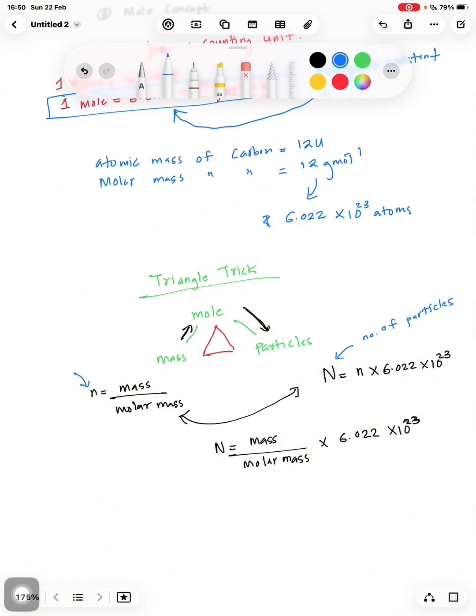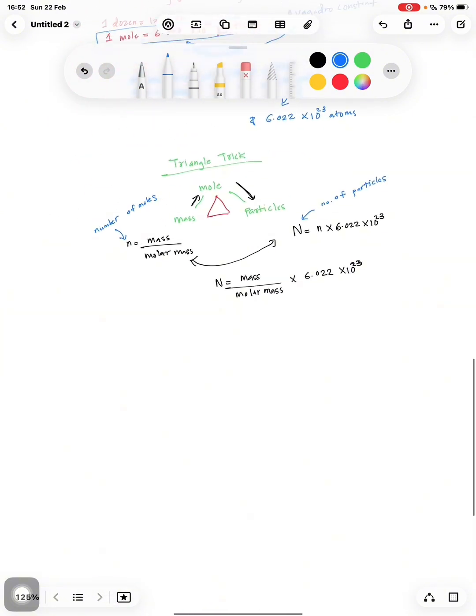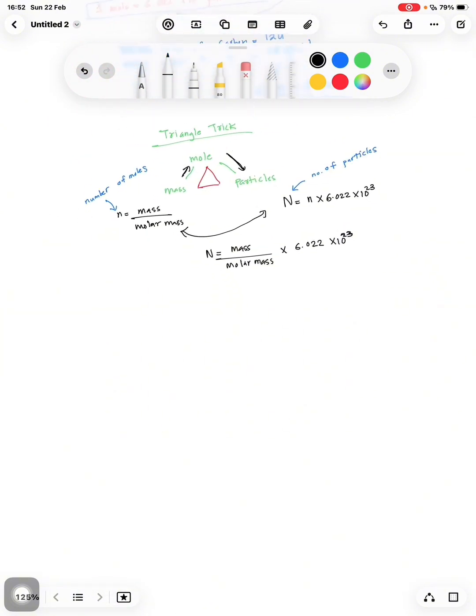This is number of moles. This is the entire trick under this. And one more thing that I missed to say is molar mass. Molar mass, this is the symbol, grams per mole, is equal to mass in grams over moles.